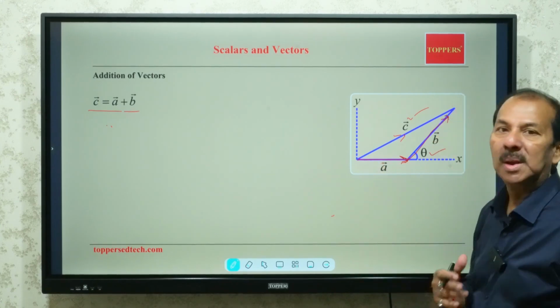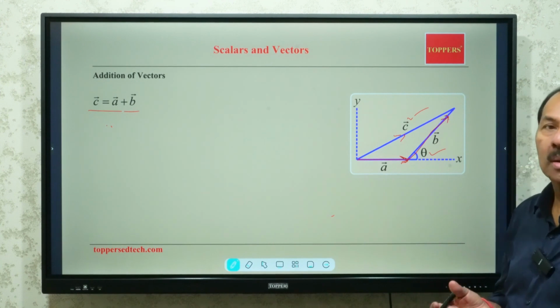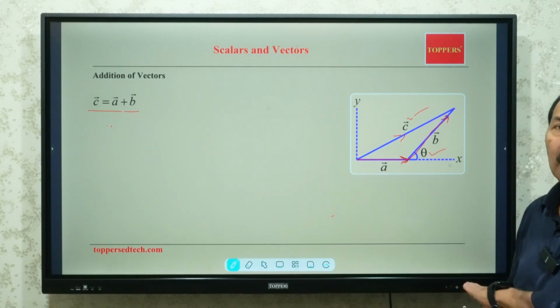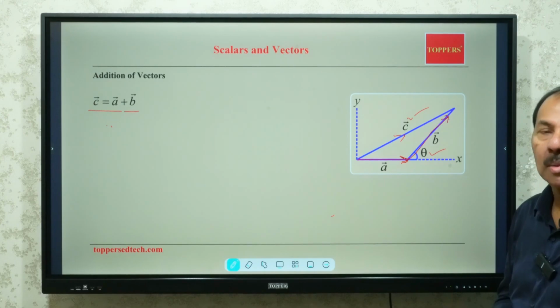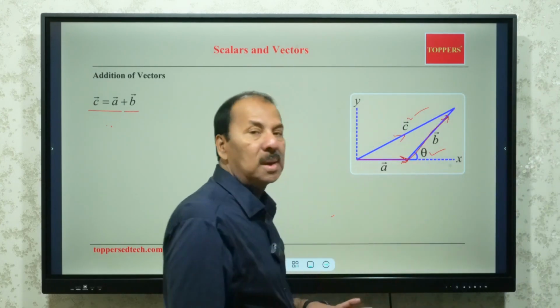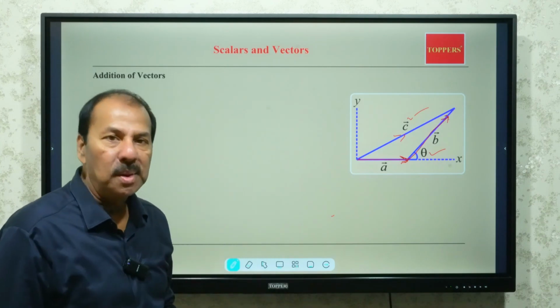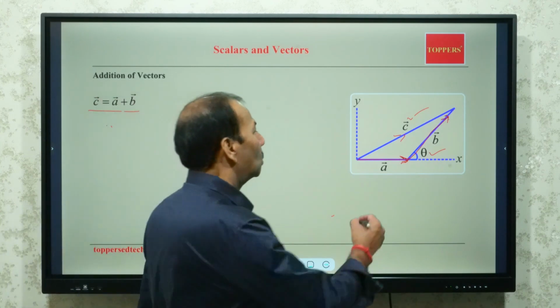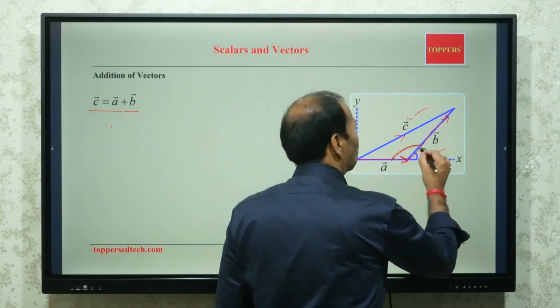And why do we require this? We have discussed that angles are always measured in the anti-clockwise direction with respect to the positive x-axis. So here the angle between A and B is theta. When we say the angle between A and B is theta, we have not taken this other angle as theta.